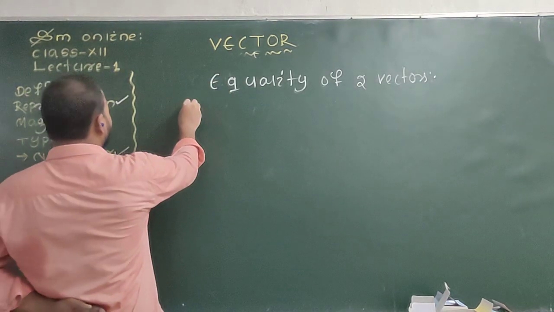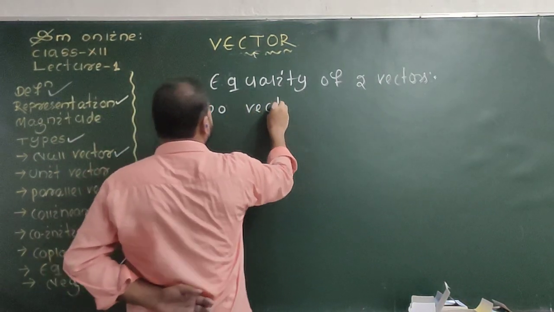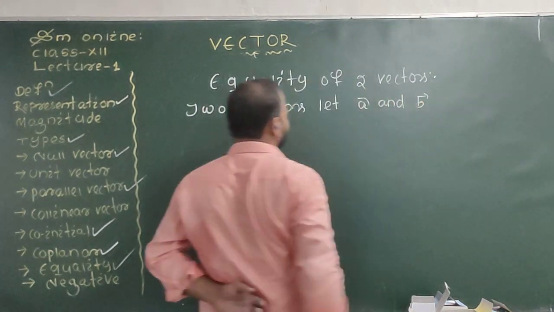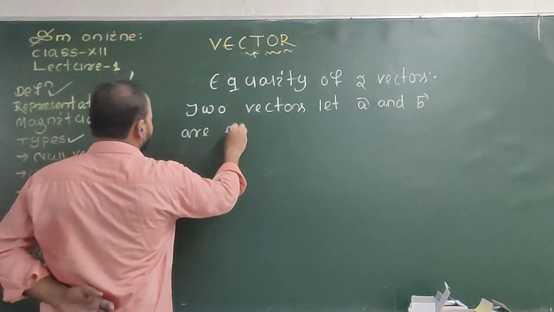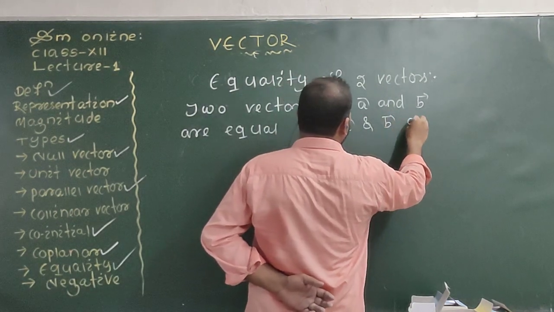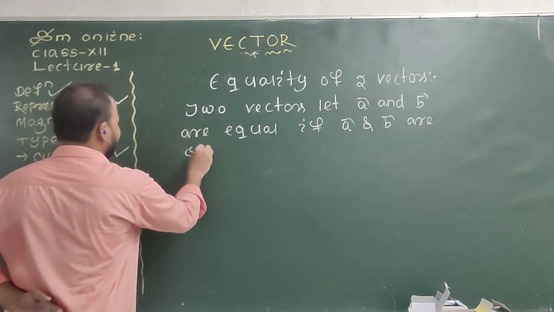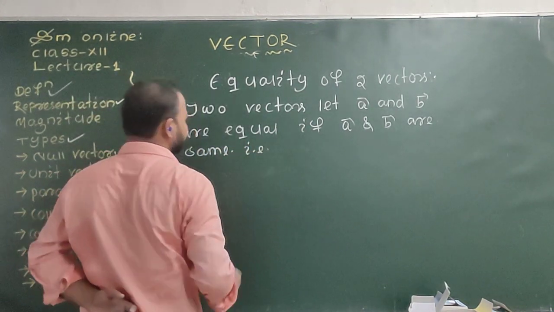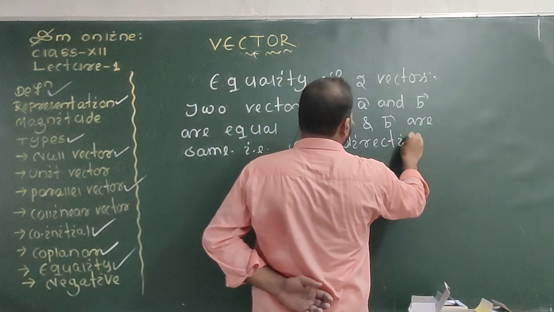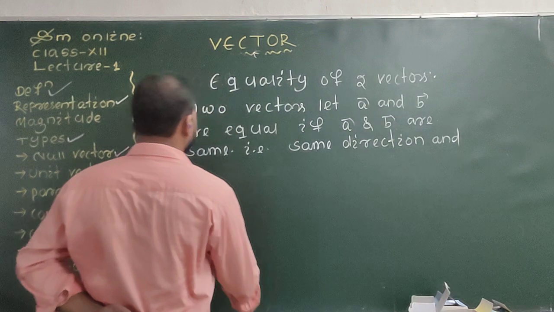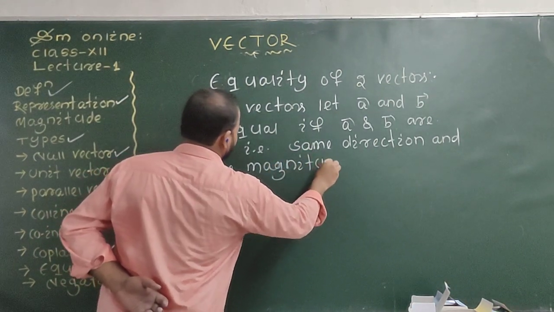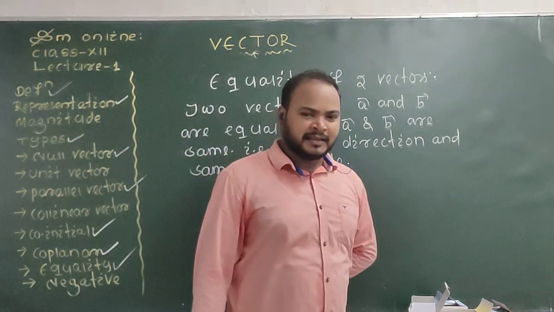So two vectors, let vector A and vector B be equal if vector A and vector B are the same, that is, same direction and same magnitude.